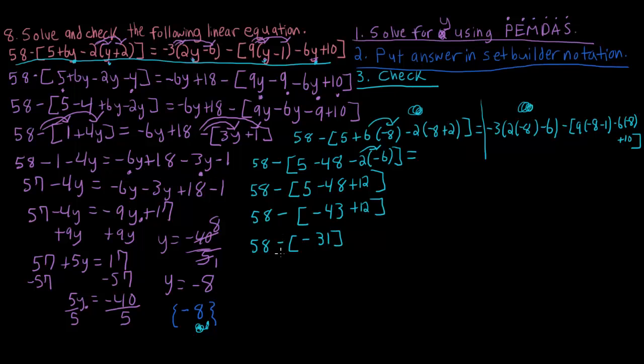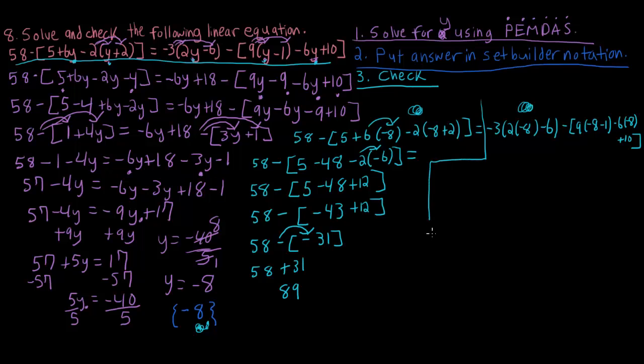And then this step is important. You have to remember to distribute this negative sign to what's inside the bracket. So negative times a negative 31 gives us positive 31, and if you add 58 plus 31, you end up with 89. So 89 is our answer for the left side of the equation.